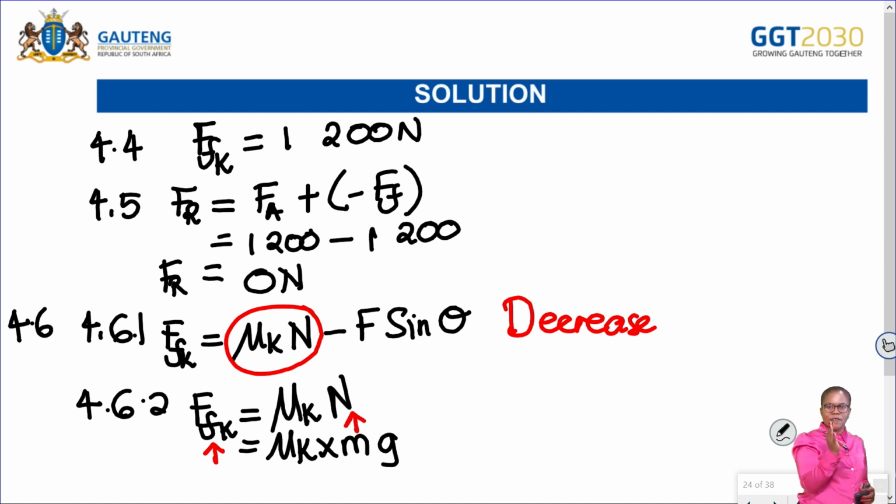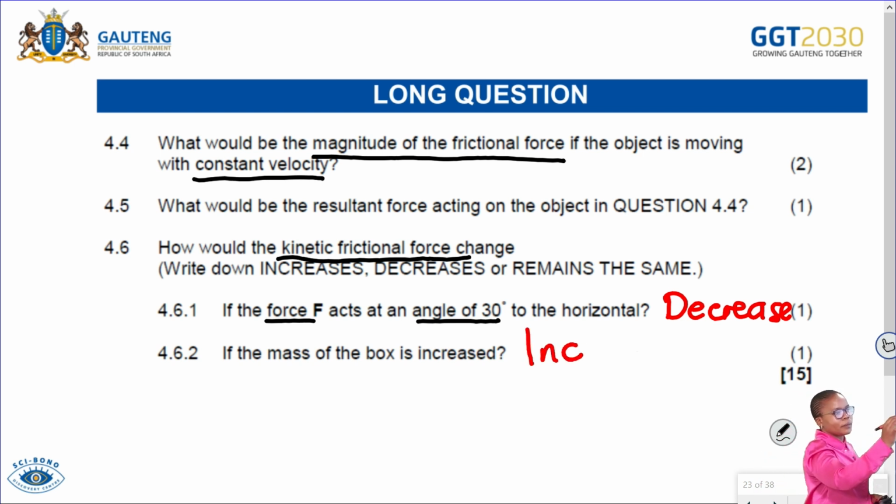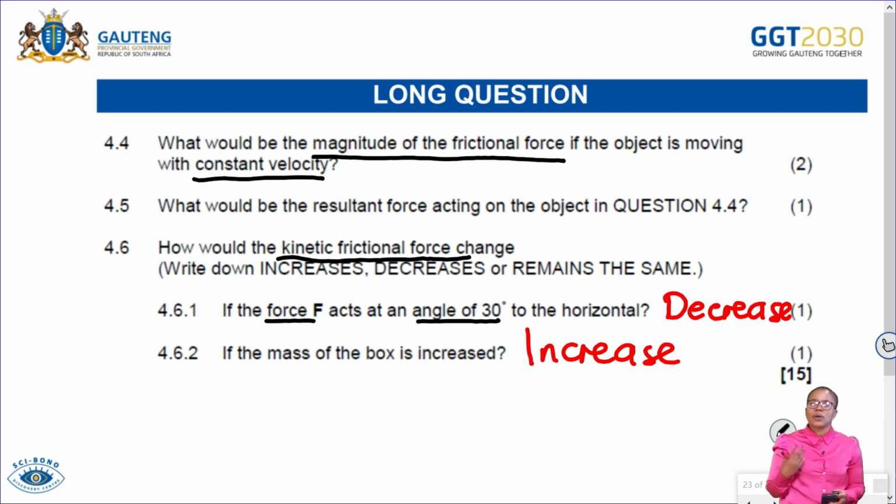It is directly affected by the mass. So once you increase the mass of the block, in this case we're talking about the block, it just increases the kinetic frictional force. So in this case it will also increase.